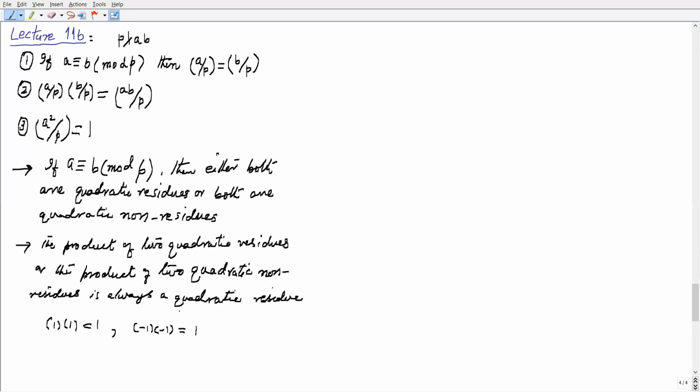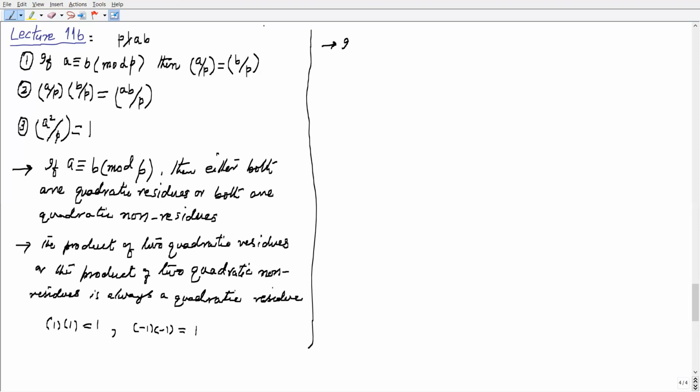So in both of the cases, we have a quadratic residue.